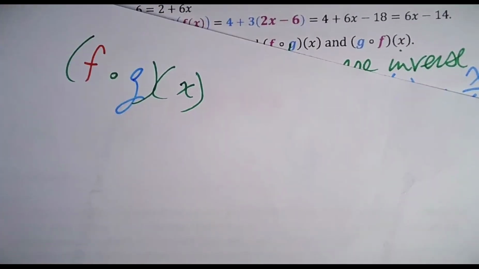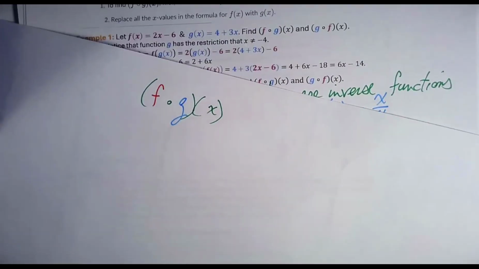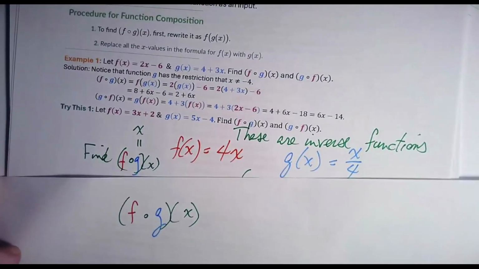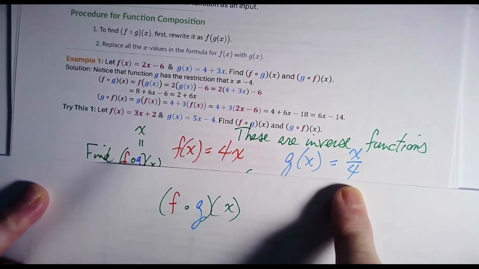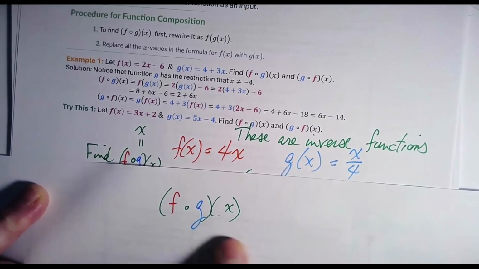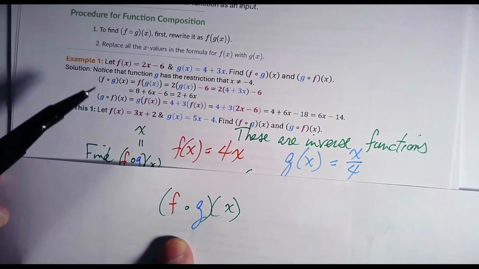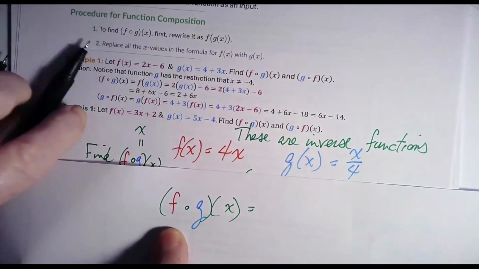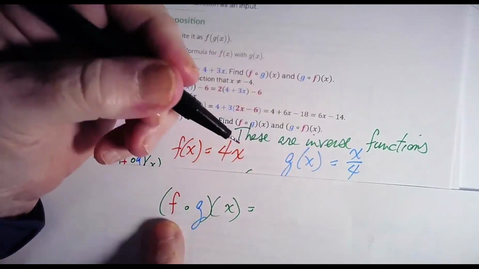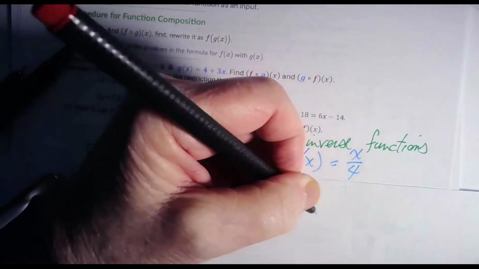I'm going to zoom back out, I think. Okay. So f is 4x, g is x over 4, and we're going to see what happens when we compose them. So first, oh, I remember. We put the first function on the outside.